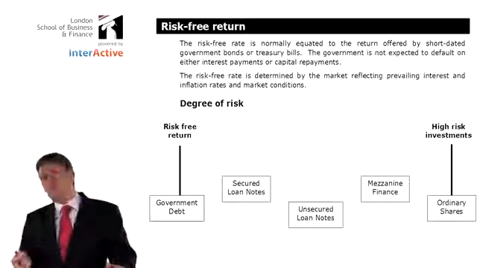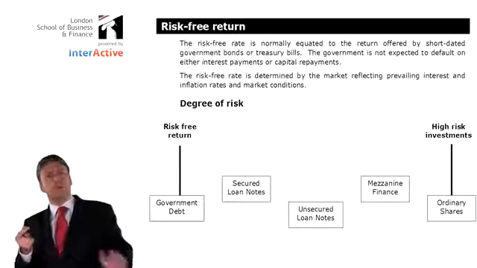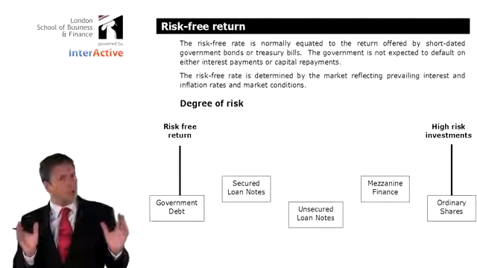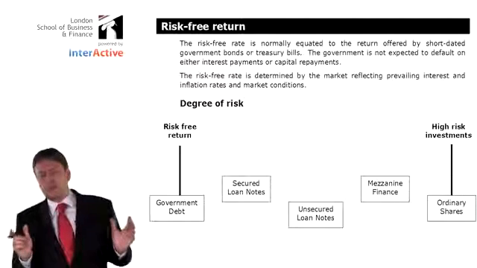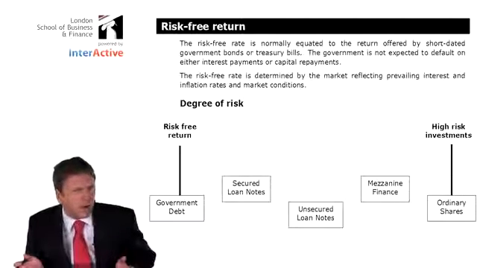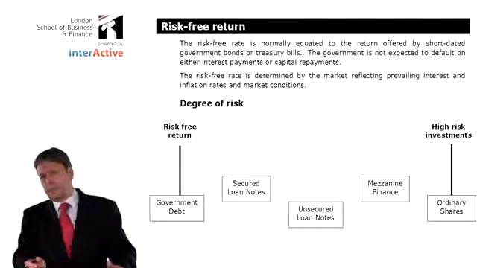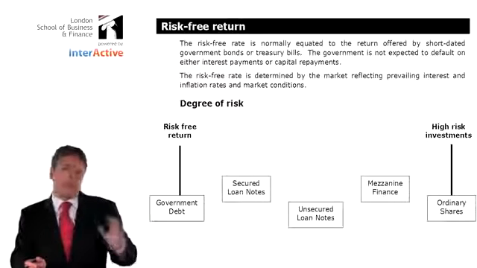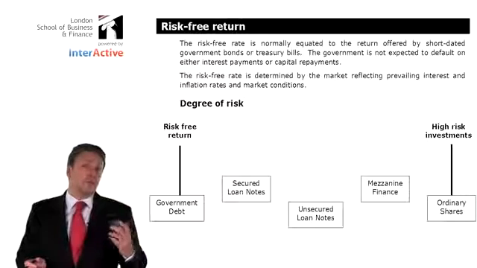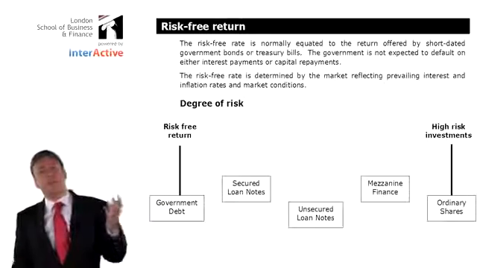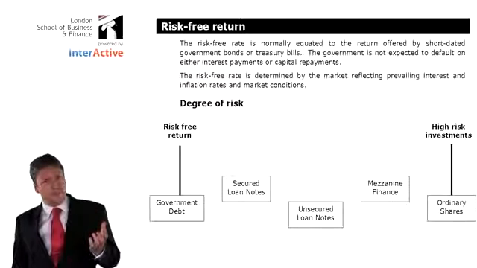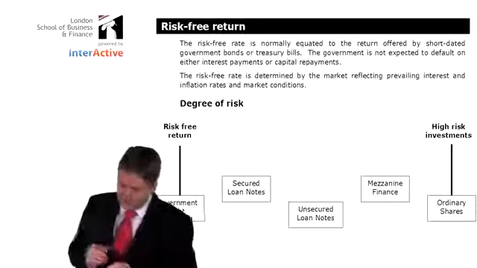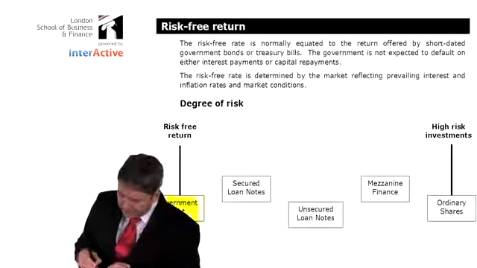The suggestion is that short-dated government bonds, you know, those that will be invested over 3, 6 or 9 months, are essentially risk-free. The traditional name for them, or at least the American name for them, is the Treasury bill. And we would suggest that government bonds are risk-free. However, I suppose you have to select your government with some degree of care. So, we've got our risk-free return, our government debt.